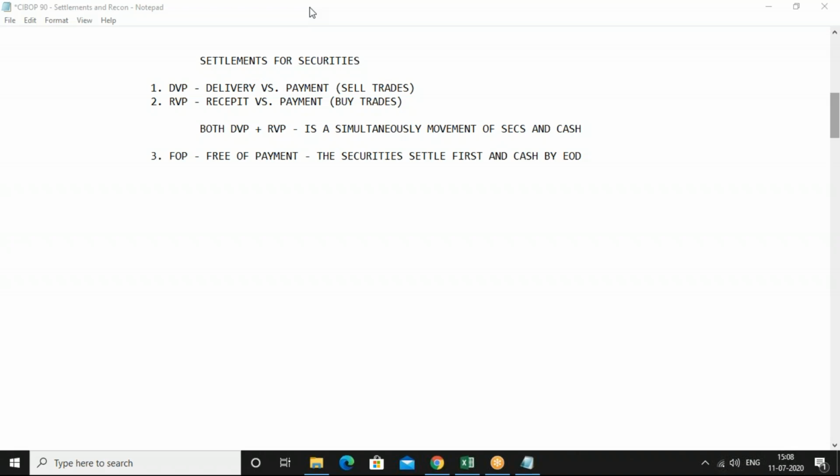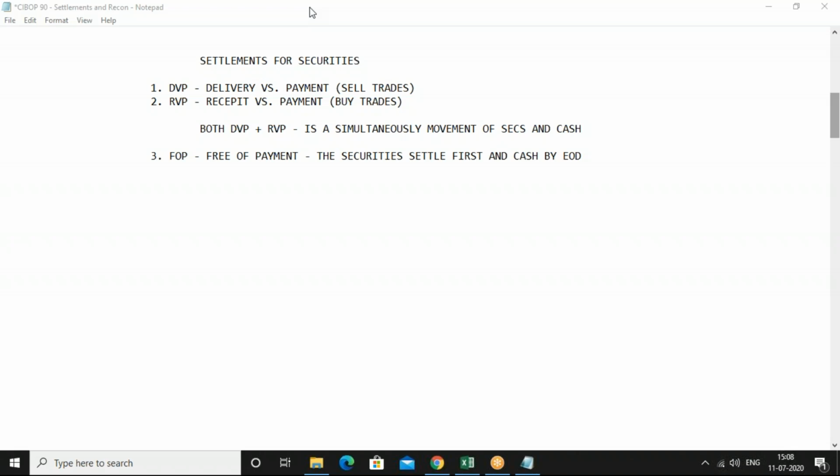So ISIN is one method. ISIN is popular in Asian markets, where most of the securities have an ISIN code. The next one is CUSIP, which is pronounced as QSIP. This stands for Committee for Uniform Securities Identification Process, and this is a 9-digit number.